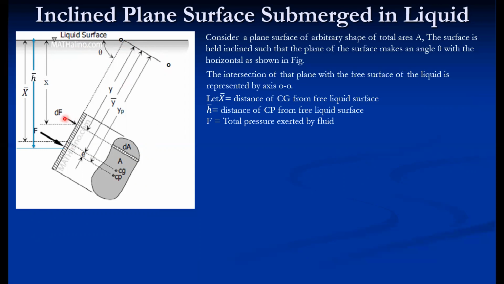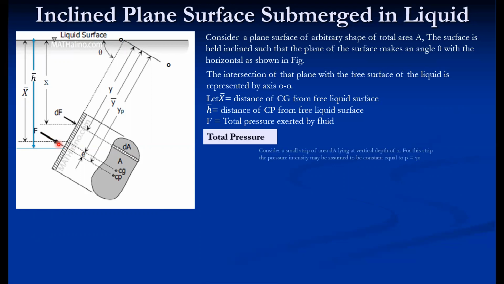Let X bar, that is capital X bar, be the distance of CG from the free liquid surface. Then h bar is the distance of Cp from the free liquid surface. Then F is equal to the total pressure exerted by the fluid. So this is F, for which we have to determine the expression.